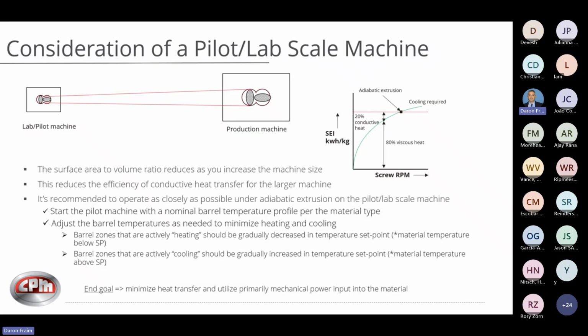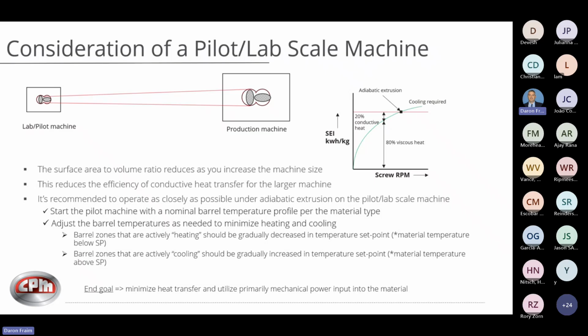For example, when you start the line on a small lab machine, you can adjust the temperatures to compensate for this. If your barrel zones are actively heating, that means the material temperature is below the set points, so you want to gradually decrease the temperature of those barrels. You're trying to set the barrel temperature set points as close to the material temperature as possible.